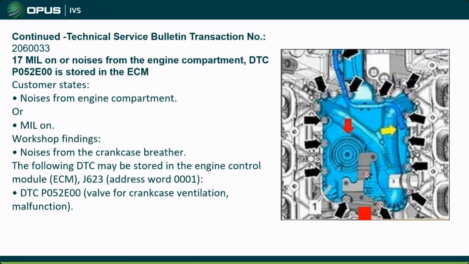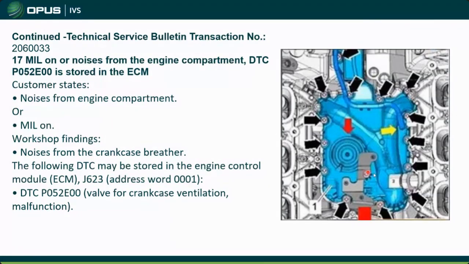Just replace it. The other thing is, too, there's another TSB. I didn't add that one in here, but on some of the later ones, they actually added a restrictor here to help control the amount of air that flows through the crankcase without changing the pressure. So that's something to be aware of also.